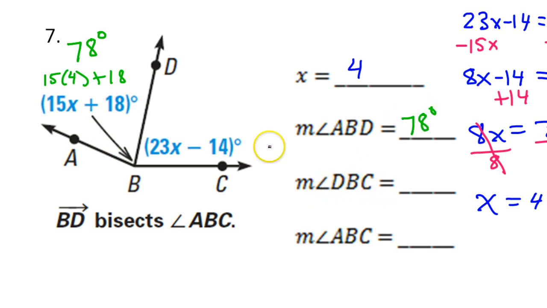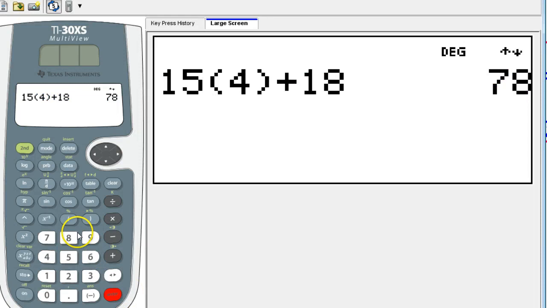How about angle DBC? Well, this is a bisector, so these two are congruent halves. So without even substituting it in, I know it's going to give me 78 degrees. Now, how about angle ABC? Angle ABC is the sum of these two angles. So that's going to be 78 plus 78.